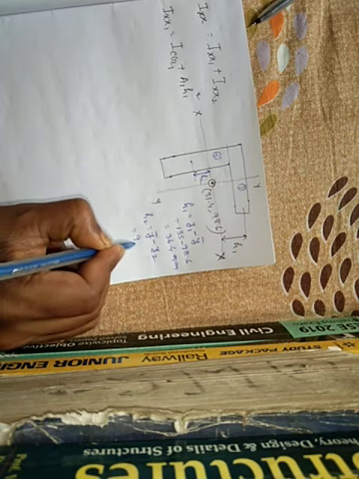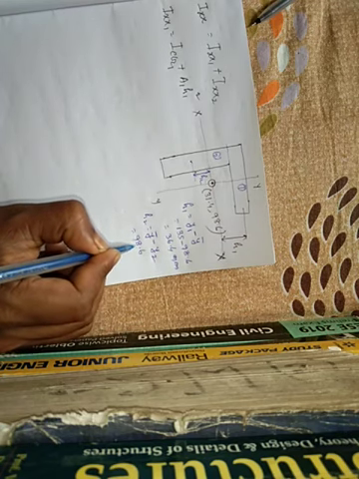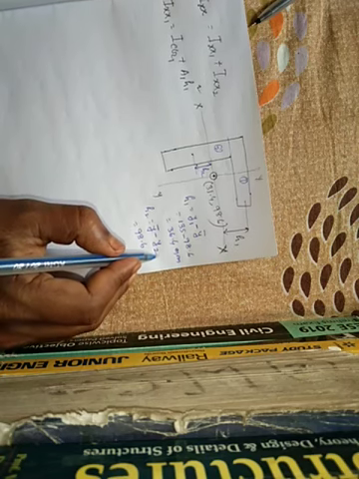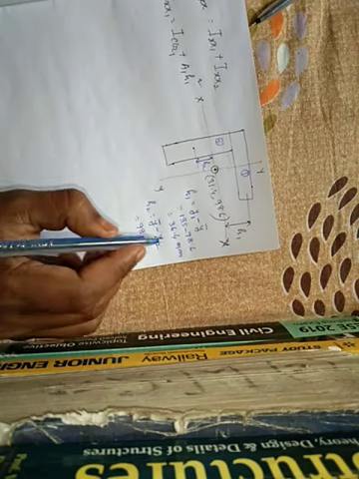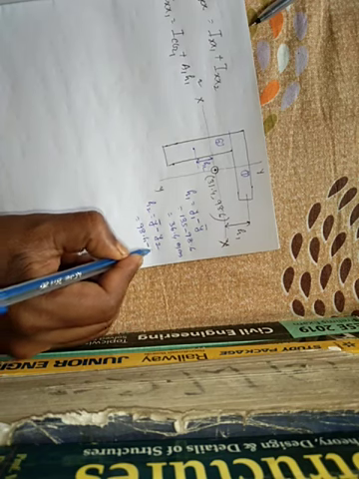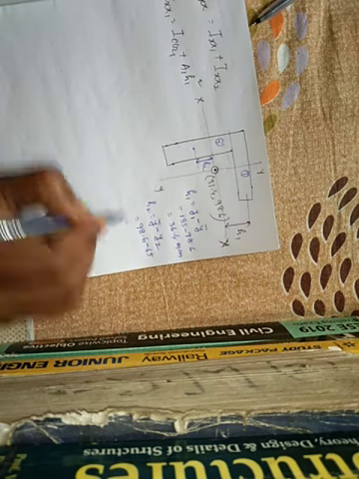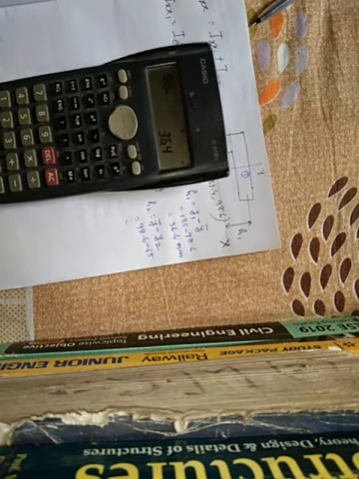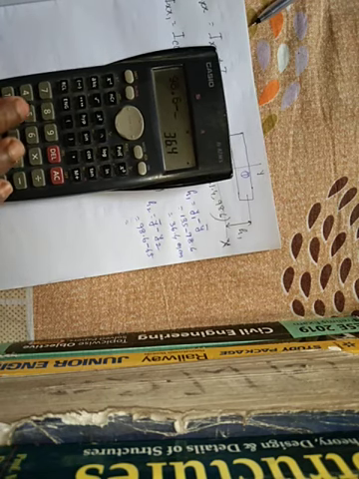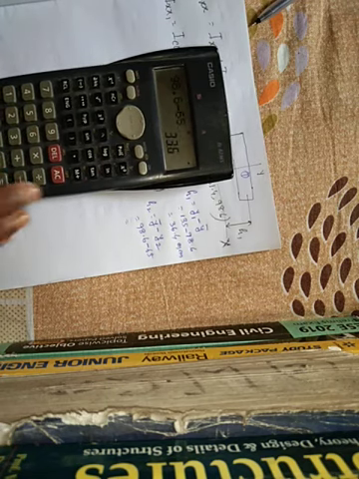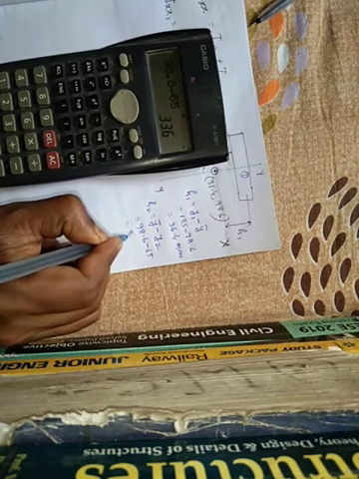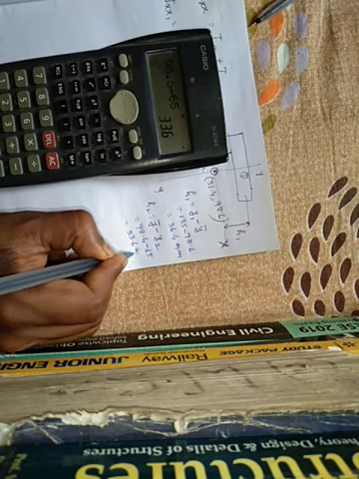Y bar is equal to 98.6 and y2 is equal to 65. So 98.6 minus 65 is 33.6 millimeter.